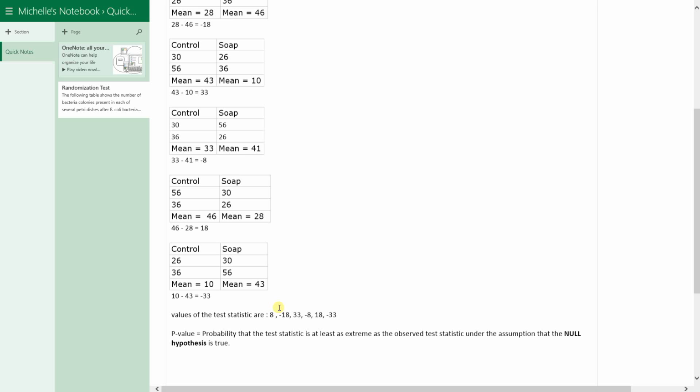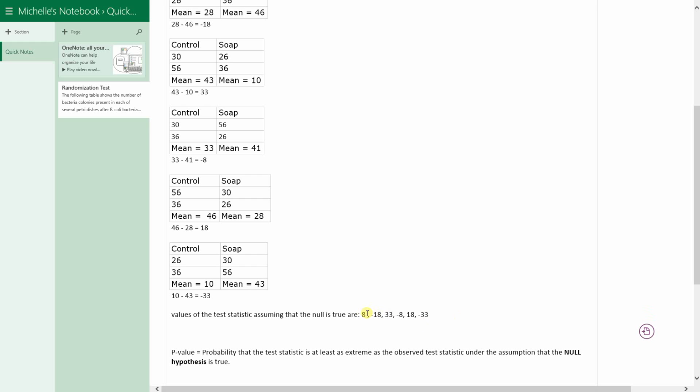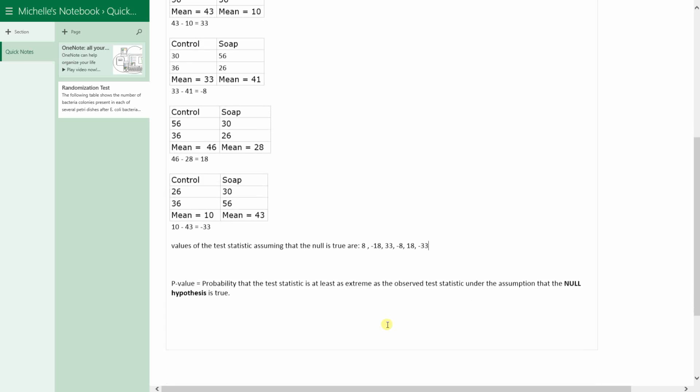So those are the values that the test statistic can take under the null hypothesis, assuming that the null is true. If the null is true, all these values are equally likely, because it didn't matter. It was just random that we happened to observe this first one, 8. We could have observed any of these other ones just randomly.